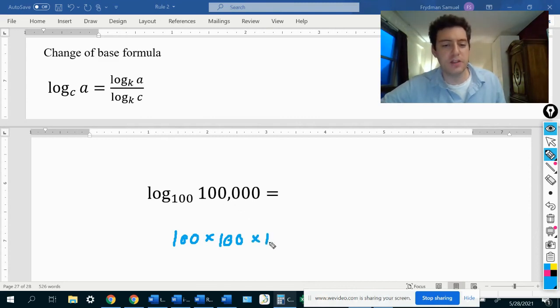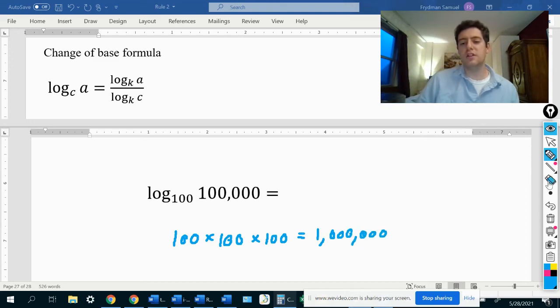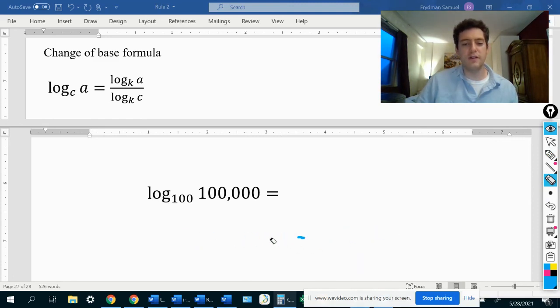That was 100 to the second power. If I multiply by 100 again, 10,000 times another 100, that would give me 1,000,000. No, too much. I wanted 100,000. So it doesn't look like this problem is very easy for us to solve in our heads either.